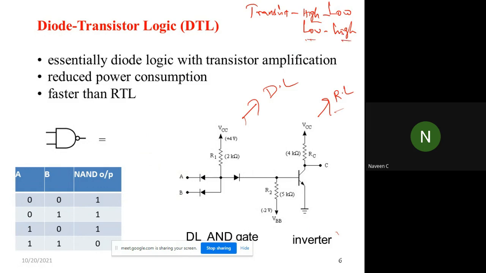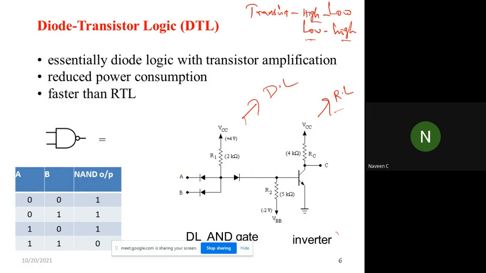So it means that it is a NOT gate. Whenever you give input 1, you get output 0. Whenever you give input 0, you get output 1. What is a NOT gate? We say inverted gate. You give input 0, it will give output 1.